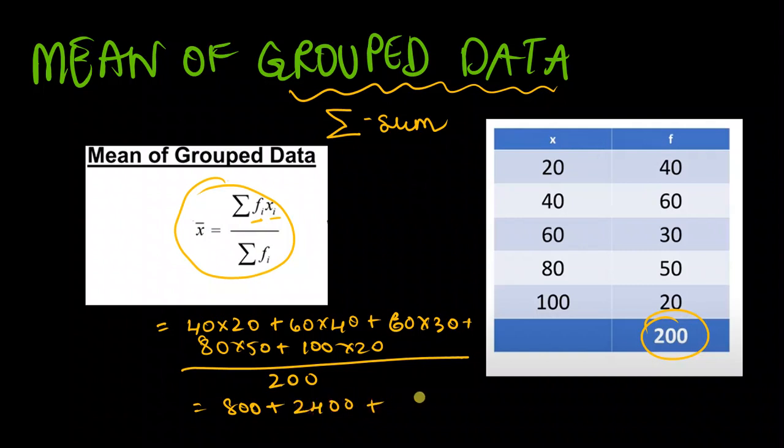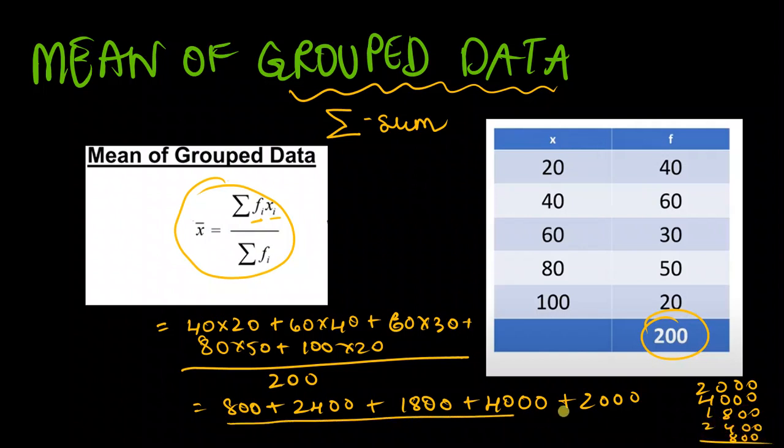So 40 into 20 is 800, 60 into 40 is 2400, 60 into 30 is 1800, plus 4000. I'm just quickly multiplying. Plus here, 1, 2, 3 zeros. Now let's add all of this up, divided by 200.